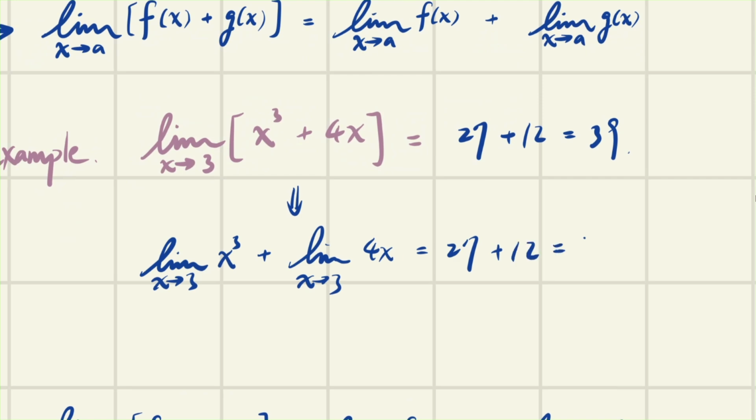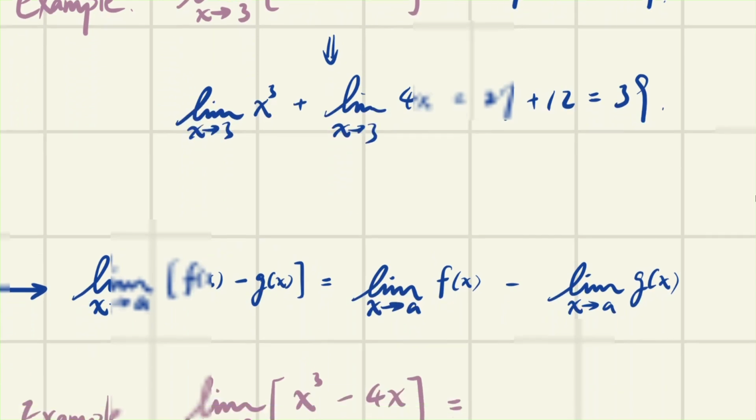Then they give us the same answer, 39. So this is basically the addition of limits. You add the two functions together and then take the limit of it. It's the same as taking the limits first, then adding them up.